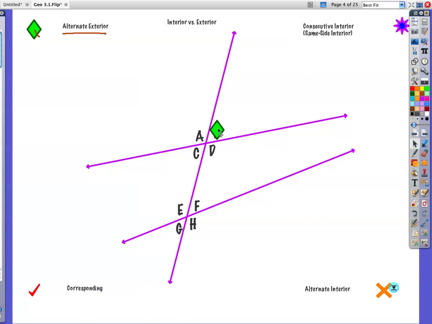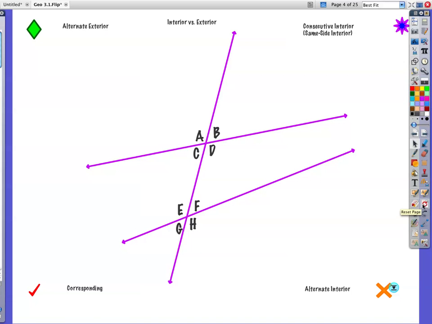And the other side that is alternate and on the exterior would be over here in G. So we would say B and G are alternate exterior angles. I can also say that A is exterior with H. So A and H are alternate exterior angles. I have to say alternate and exterior. And those are the only alternate exterior angles that you have.